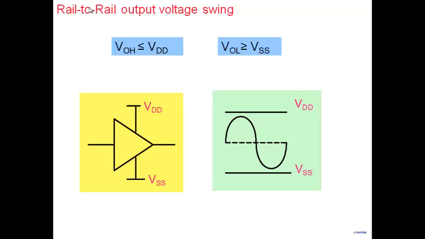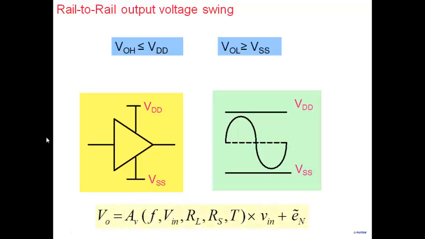When you look at the data sheets of amplifiers made by different manufacturers, one of the things they may be advertising is that the amplifier gives you rail-to-rail voltage swing. What does rail-to-rail mean? It means that it can go right up to the positive power supply and right up to the negative power supply.